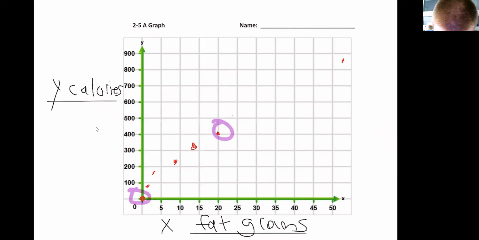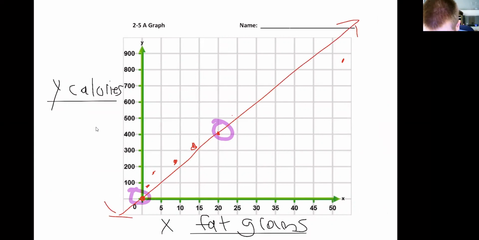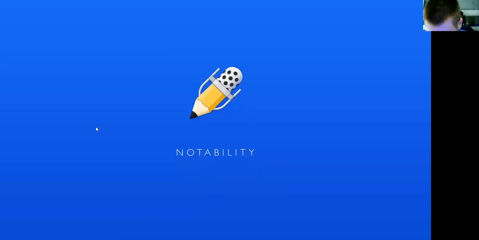So they want us to draw a line of best fit. You might want a ruler or something as a straight edge, but our line of best fit might look something like this. If I connect it between those 2 points, you can see all the points are pretty close to my line of best fit. So I would say this is probably a strong positive correlation.